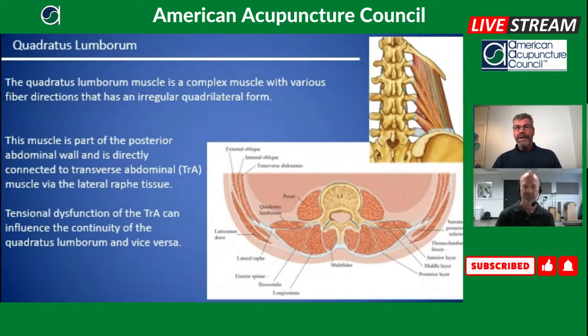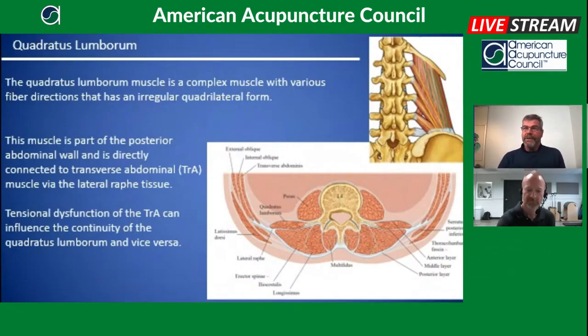Let's look at where it is actually oriented. You can see that the muscle is part of the posterior abdominal wall, looking at this cross section of L4, and it's directly connected to the transverse abdominis. Brian, can you get the cursor in there? We can see that the Quadratus Lumborum has a direct line along that core line right into the transverse abdominis, via the lateral raphe tissue.